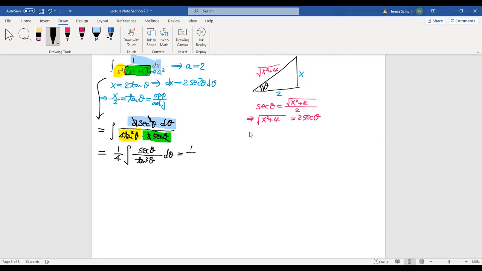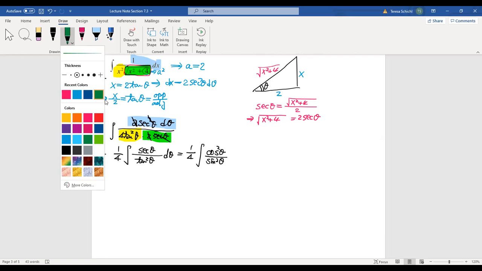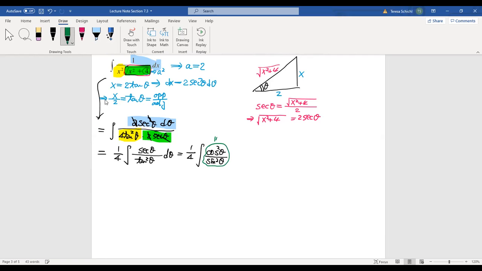Let's see here. How do we do the integration? Well, the tangent, if you flip it, this will be cosine squared theta over sine squared theta, right? So this is 1 over tangent squared, which is cotangent squared, so it's cosine squared over sine squared.